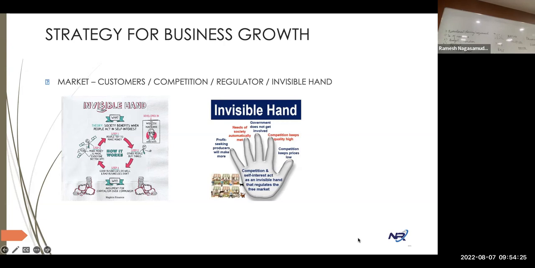The policies and principles: you must have an MRP, you must not do this. All this is there, but there is also another element called the invisible hand, which is probably the emotions of the market, the feelings of the customer, or the things that you are doing right or wrong. They might also drive them.